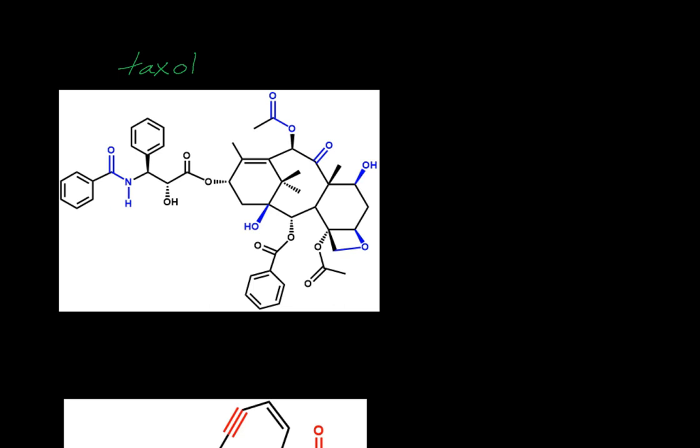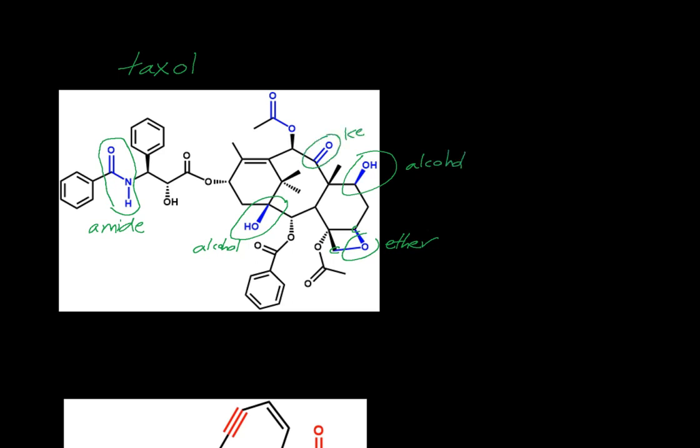And if we want to identify these functional groups, there we have an amide, an alcohol, an ether, see, attached to carbon and another carbon, ether, not ester, another alcohol, a ketone, not ketone.